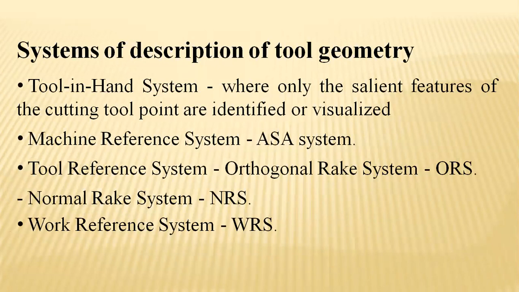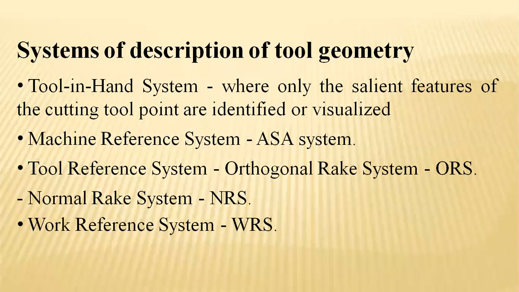So the systems to describe the tool geometry: the first system is the tool in hand system, where only the salient features of this cutting tool point are identified or visualized. Only these cutting points will be specified upon our visualization, and this process is progressed by manual involvement.